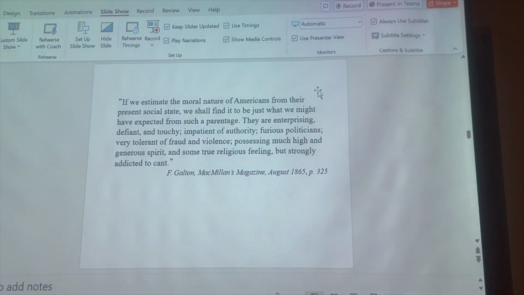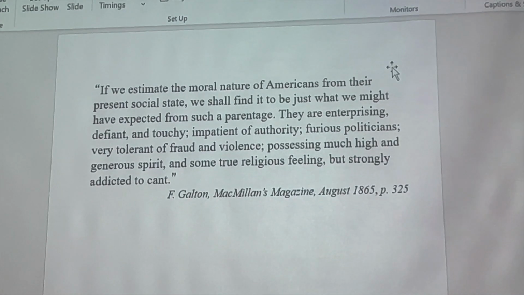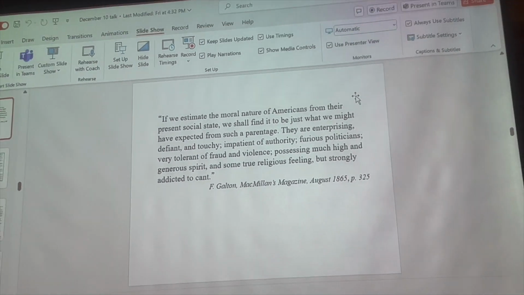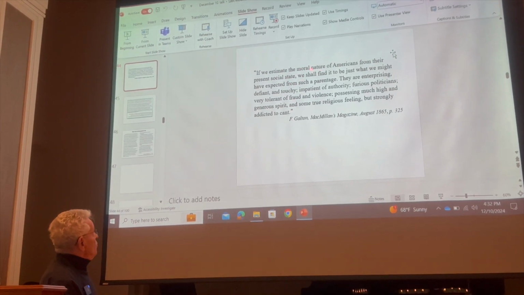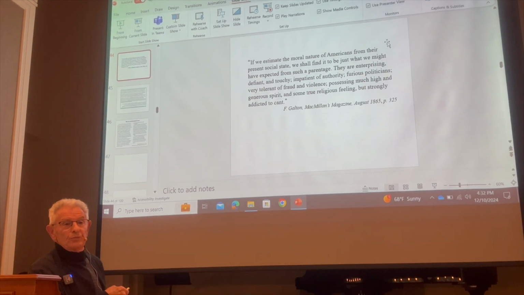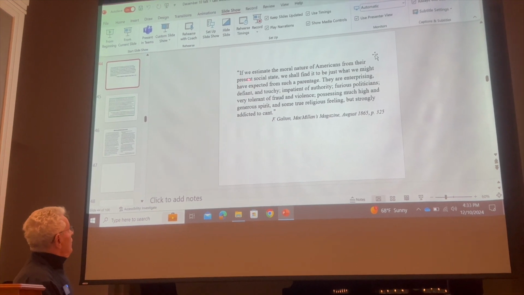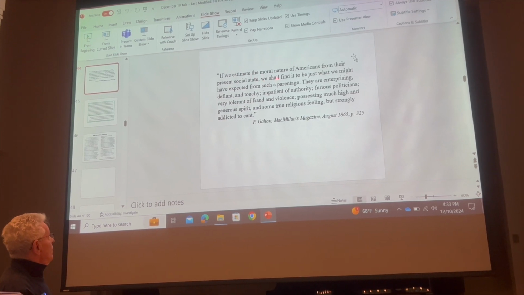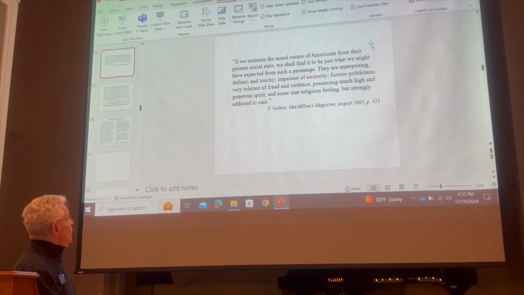It's Galton, who was the coiner of the term eugenics, and is the second highest IQ posthumously estimated in history. He was a cousin of Darwin, and he says, if we estimate the moral nature of America, this was in 1865, published in Macmillan's, which is the predecessor of what's called Nature now: If we estimate the moral nature of Americans from their present social state, we shall find it to be just what we might have expected from such a parentage.